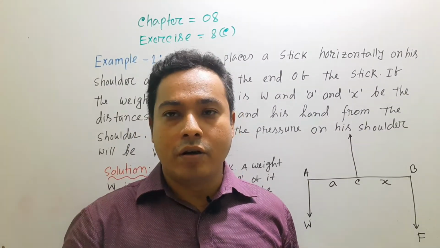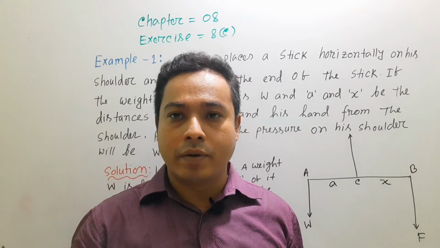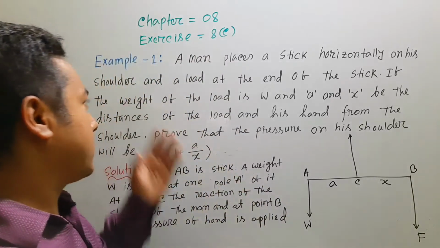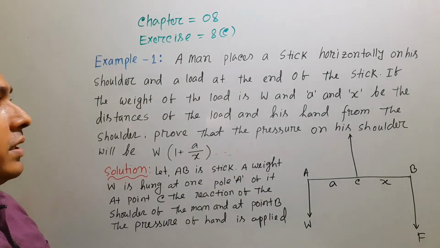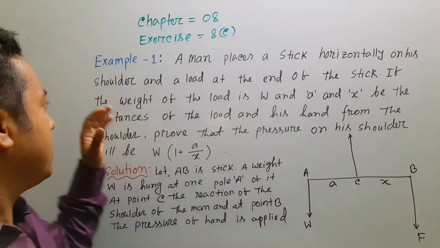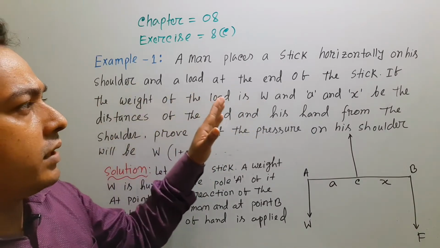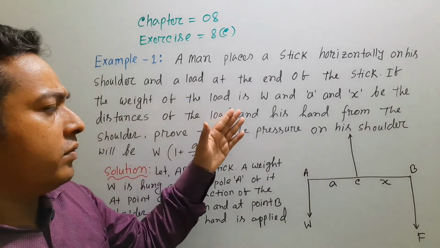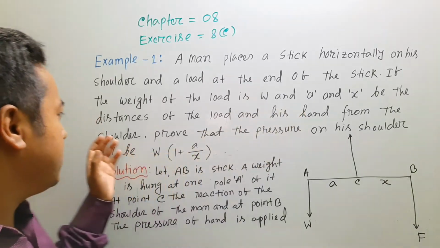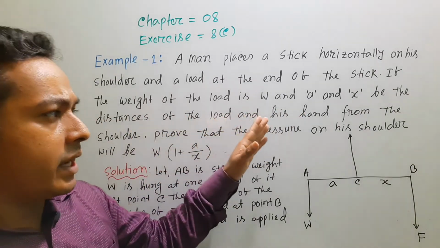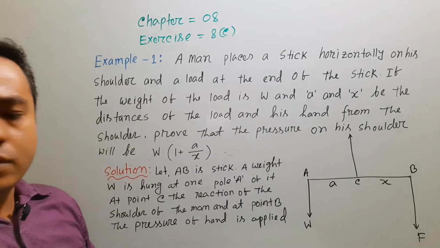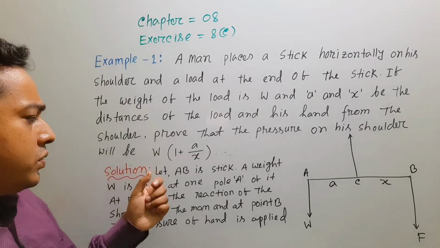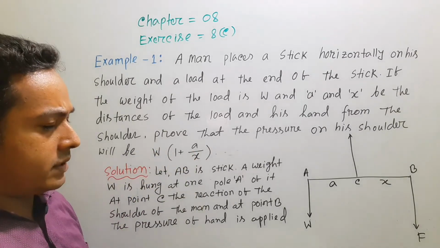Okay, my dear student, now we want to discuss a mathematical problem of this exercise, Exercise 8C. Our first question, Example 1. The question is: a man places a stick horizontally on his shoulder and a load at the end of the stick. If the weight of the load is W, and a and x are the distances of the load and his hand from the shoulder, prove that the pressure on his shoulder will be W into (1 plus a divided by x).